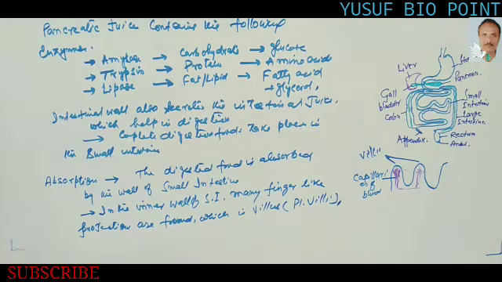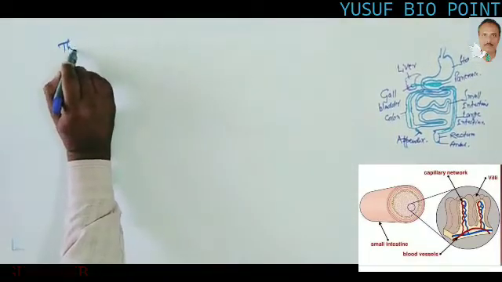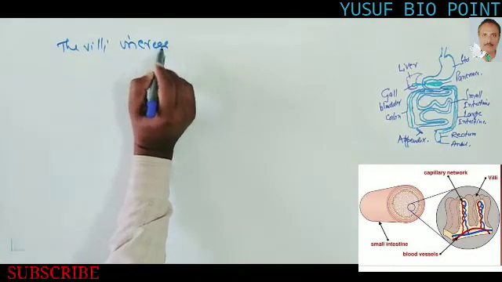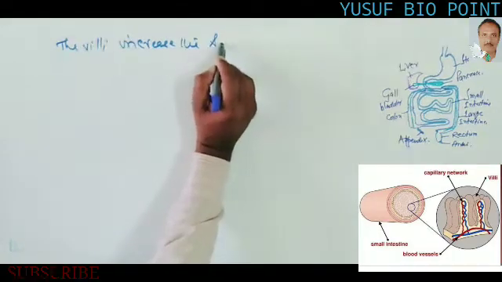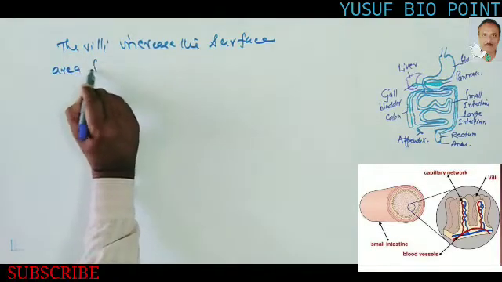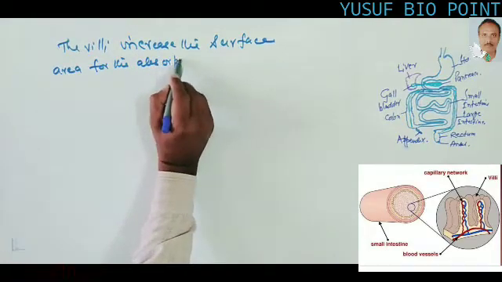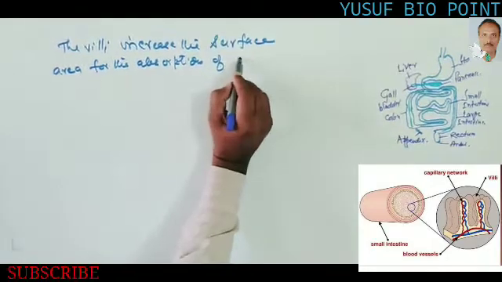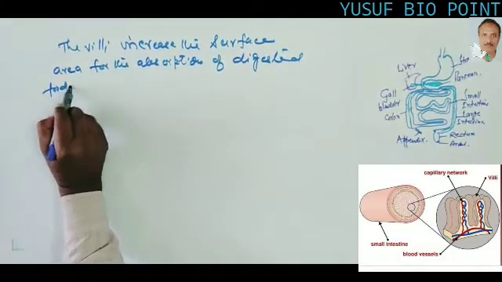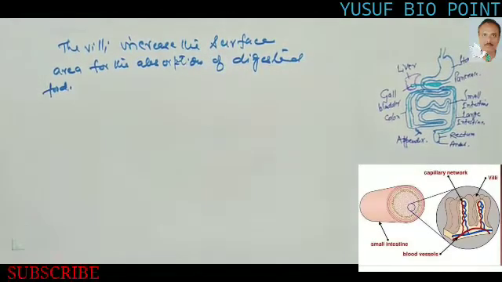So the villi increase the surface area for the absorption of digested foods. Means it provides sufficient area for the absorption of digested food.